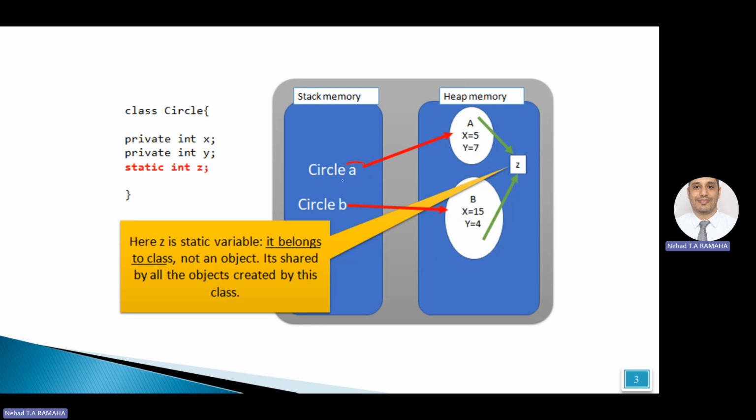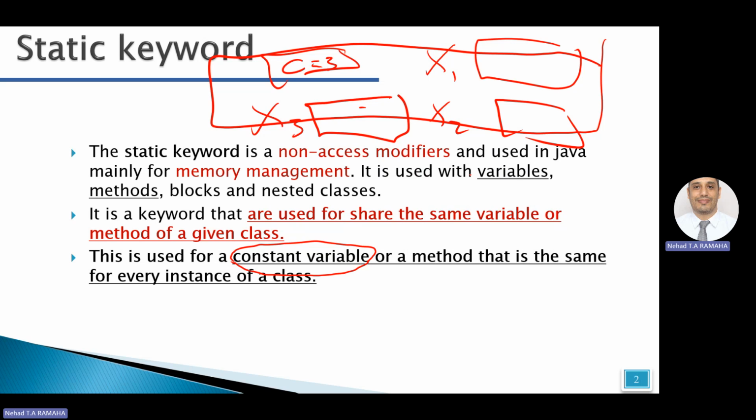So we have object A and object B, and this Z is static. It belongs to the class outside, but we can reach it from object A and from object B. But in the memory, it belongs to the class. So we keep one copy of it. Even if we have 100 objects, we have only one copy of the static, the copy inside the class.